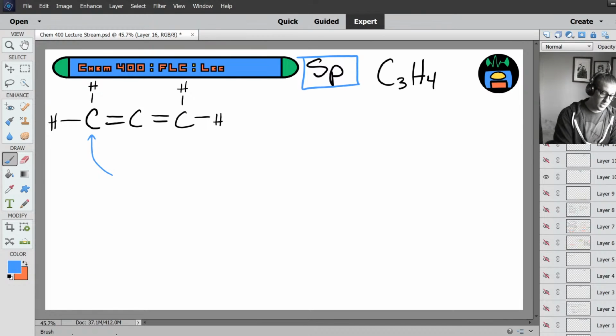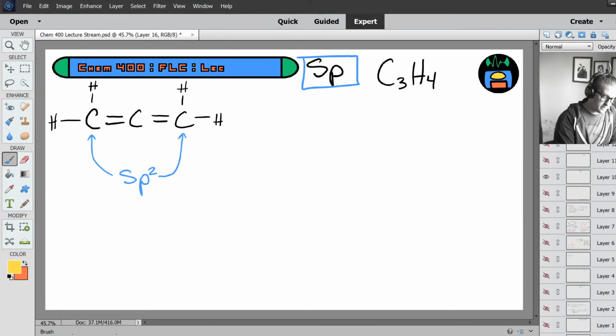So this carbon has 3 atoms attached to it, no lone pairs. 3 atoms is trigonal planar. That means we have 3 orbitals involved in our hybridization, so that would make it sp2, 1 s, 2 p orbitals, all involved in hybridization. And if you look at the carbon on the other terminus, it's exactly the same. 3 atoms attached, no lone pairs.